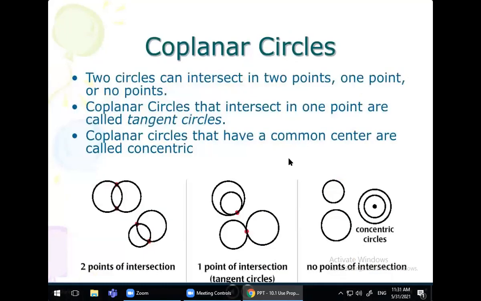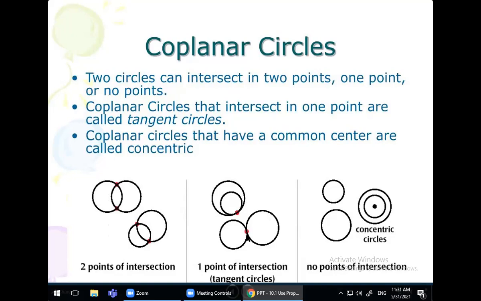Now, we have different positions for the circles. Two circles can intersect in 2 points, or 1 point, or no points. Look at those 2 circles. They intersect at how many points? Those 2 intersect at 2 points. And those 2 intersect at 1 point.